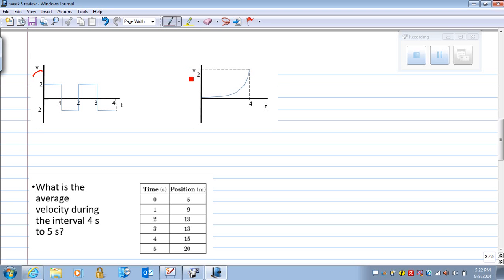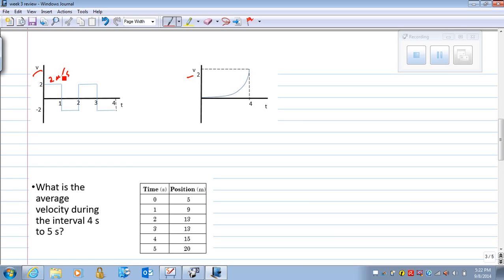We're comparing velocity to time here. So in the first graph, we start out with a constant velocity of 2 meters per second, and it goes for 1 second. So this is 2 meters per second right here.